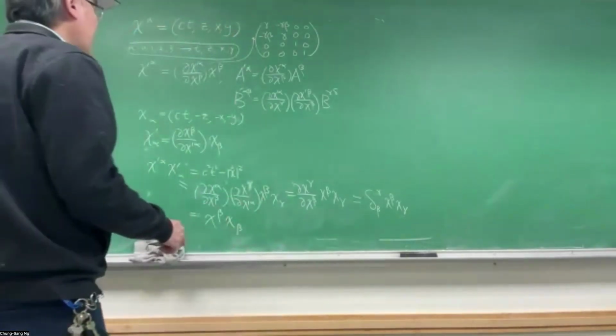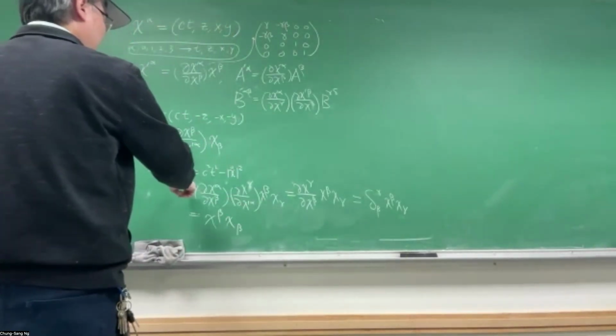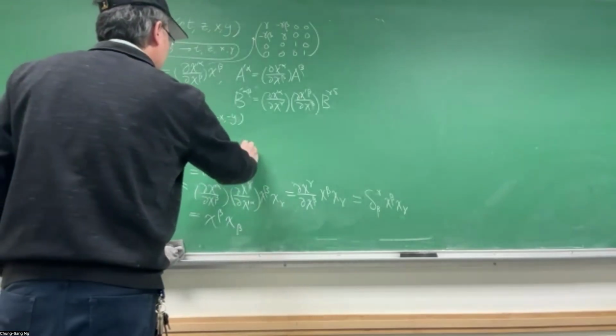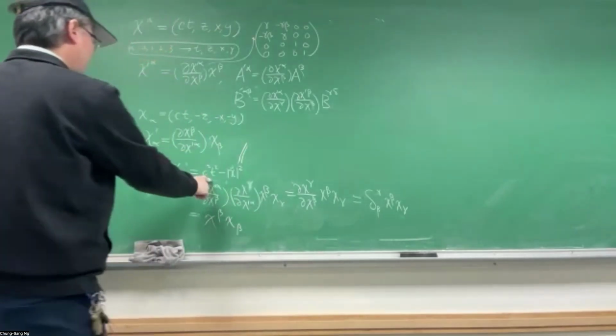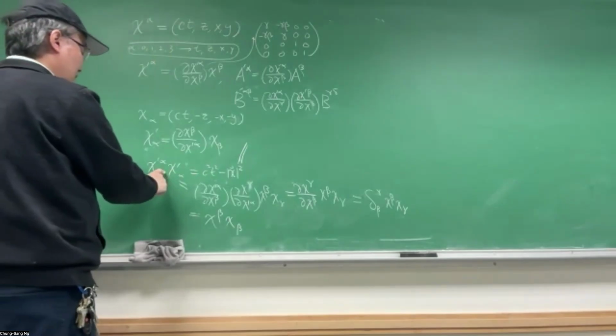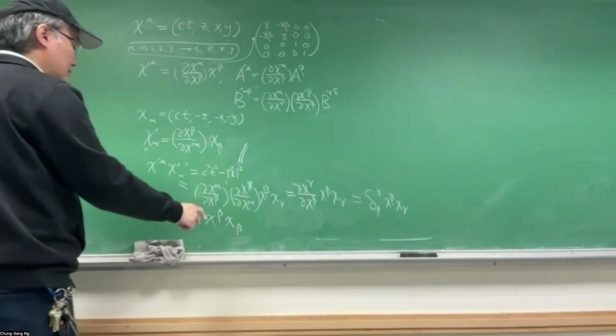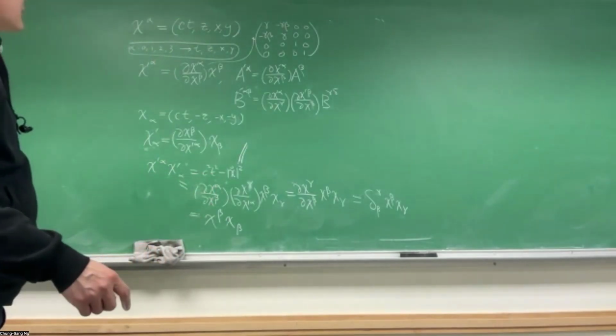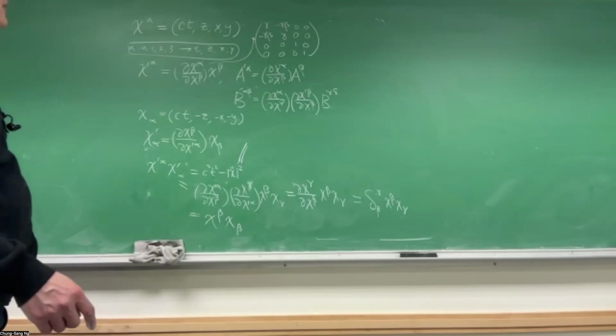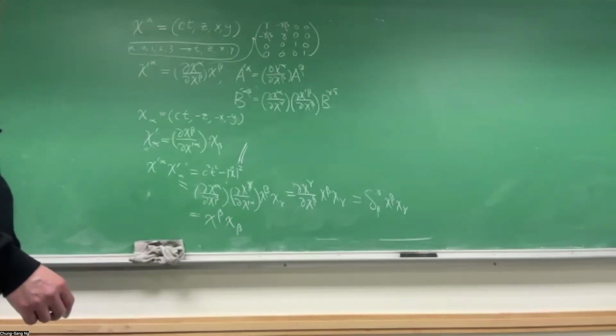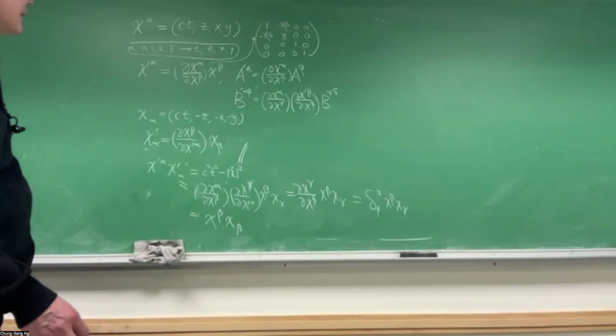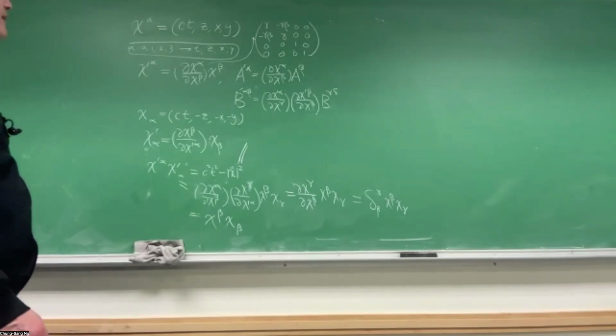Again, this is the contraction between the space-time four vectors. This is for linear transformation, but for a more general transformation, it may not be linear.